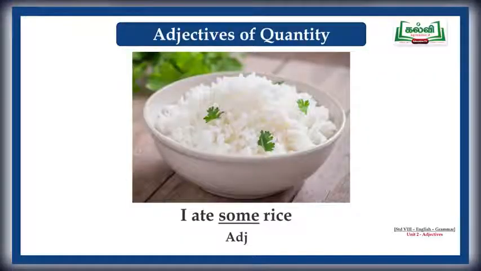So if I say, I ate some rice, here we can't count the rice as 1 rice, 2 rice, 3 rice, because we know very well rice is an uncountable noun. So before the uncountable noun, we should say, I ate some rice. So here the word some describes, modifies the noun rice. So some is an adjective here, rice is the noun.